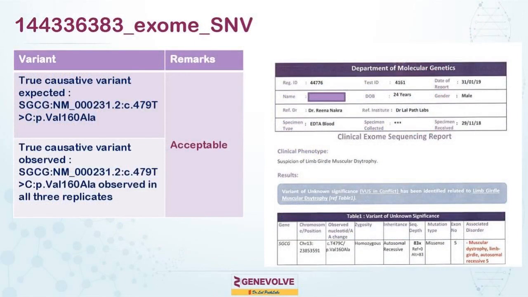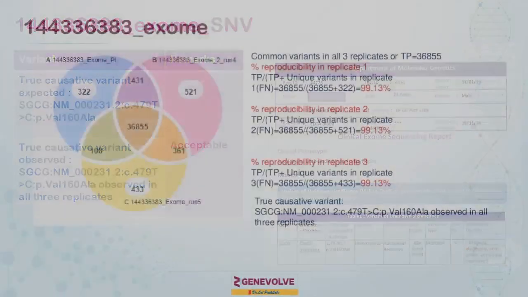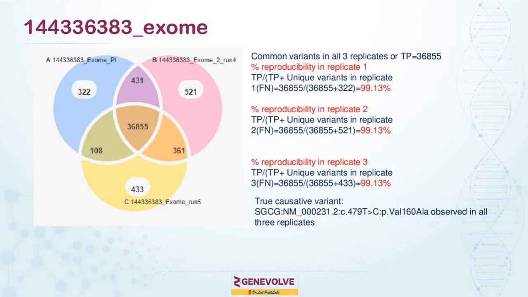As part of our further validation, we took samples which we had previously characterized, and we checked whether we were able to get the same variant again and again. For example, for this system, this was run in triplicate, and we saw what the reproducibility of the system was.